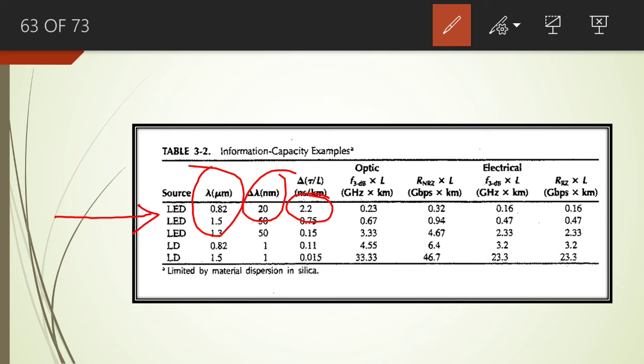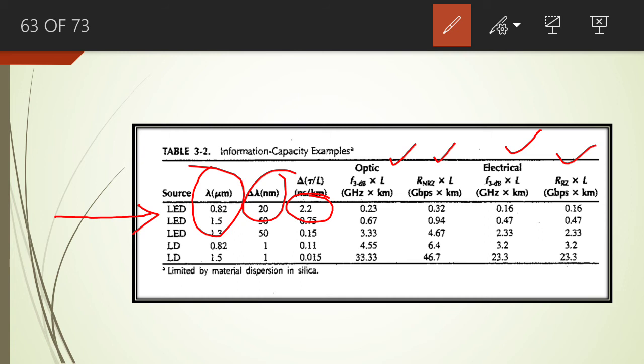So the question says, calculate F3dB into L, R NRZ into L, F3dB electrical into L, and R RZ into L. And you know the equation of all these quantities.